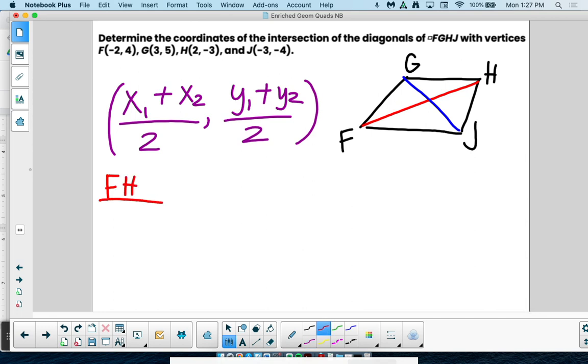Now you just look at F and H and plug into our formula. So let's see here, -2 plus 2, all over 2. And 4 plus a -3 is really just subtracting, right?